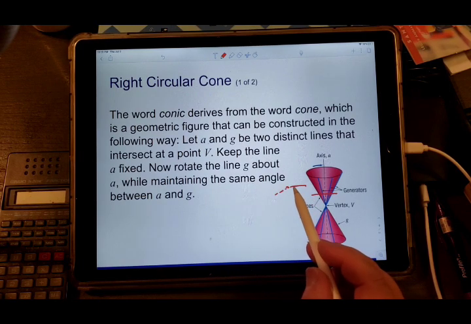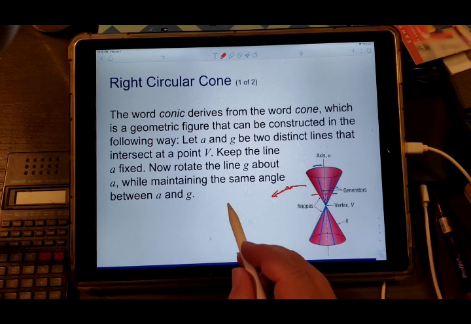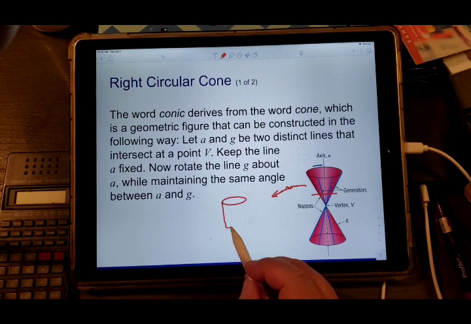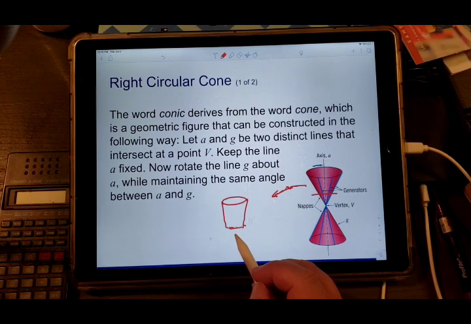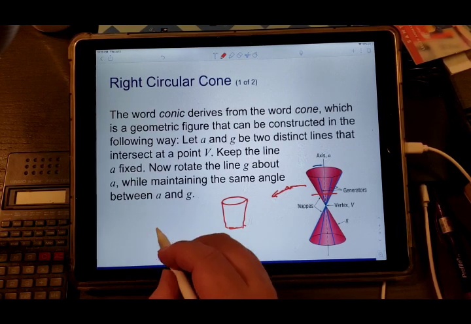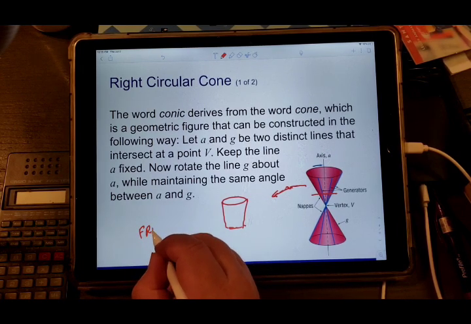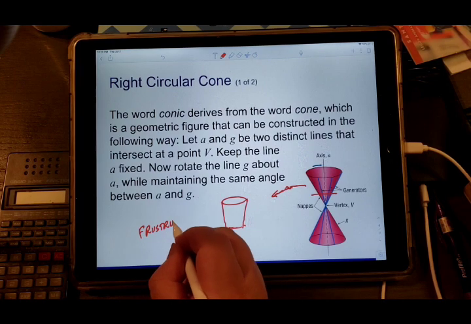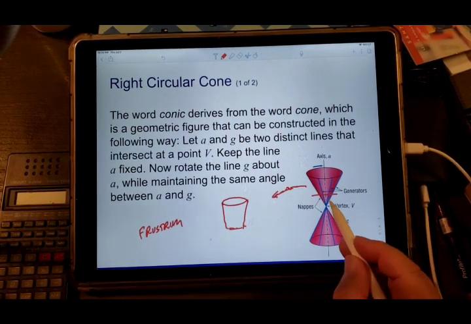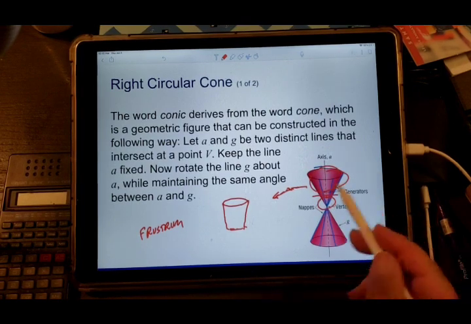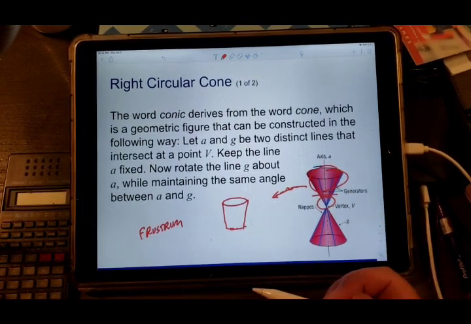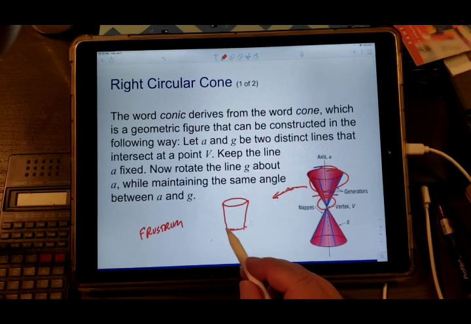And if I do that, I'm going to create a very familiar object, a truncated cone. It actually has an interesting name. It's called a frustum. The tip is a cone. This part's a cone. That part, frustum. Not that important. But it's a cup.